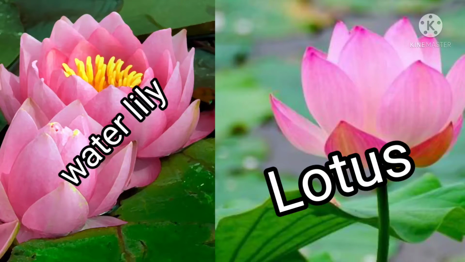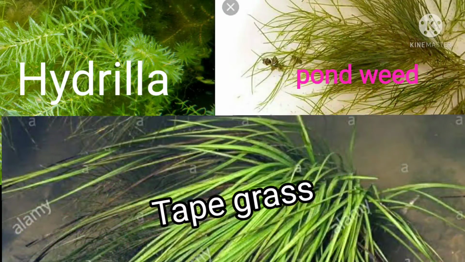Third, their stems are long, hollow, light and flexible, which helps them to bend easily with the flow of water. Next, their large floating leaves allow them to absorb more sunlight to perform photosynthesis.